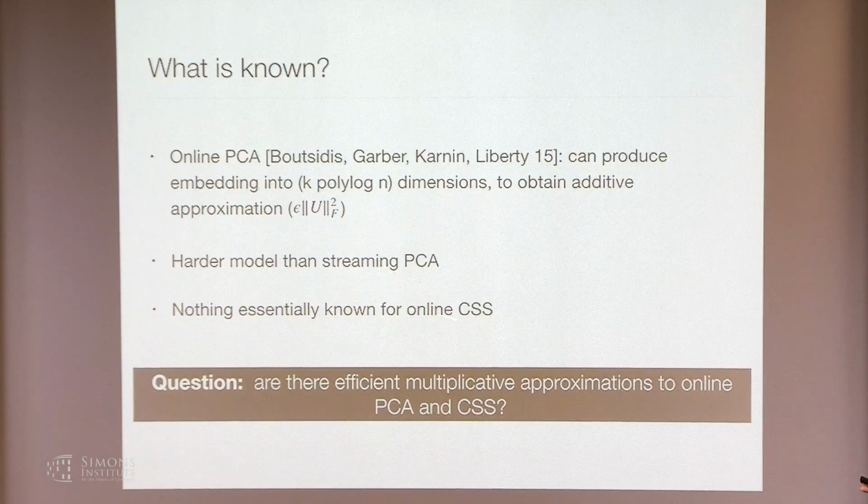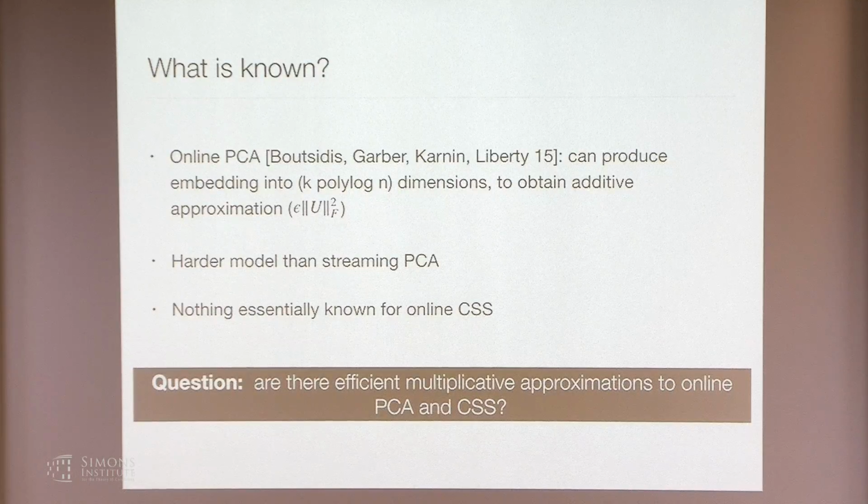Essentially nothing is known for online CSS, and we will see some lower bounds showing that if you don't assume anything, this is very difficult. So the motivating question is: are there efficient multiplicative approximations to both these problems?